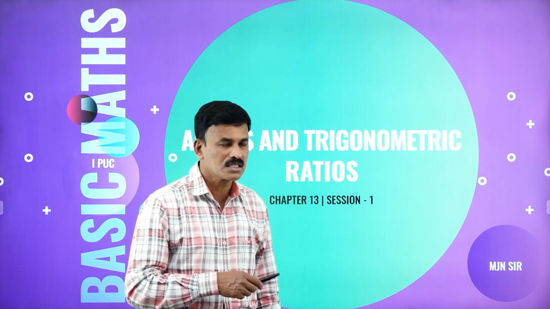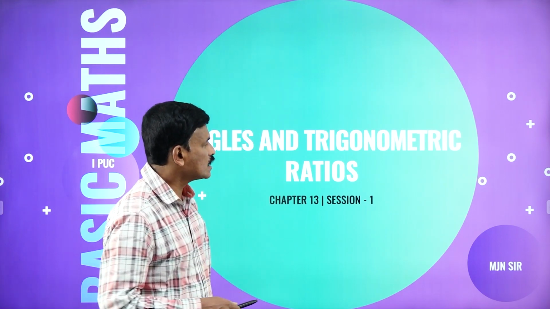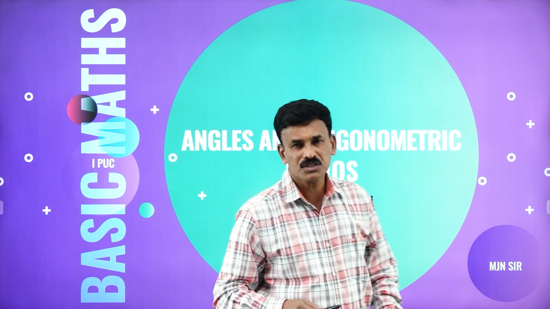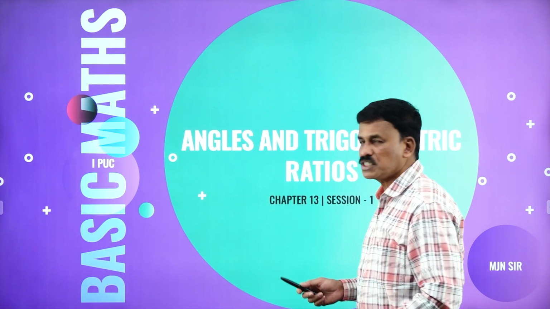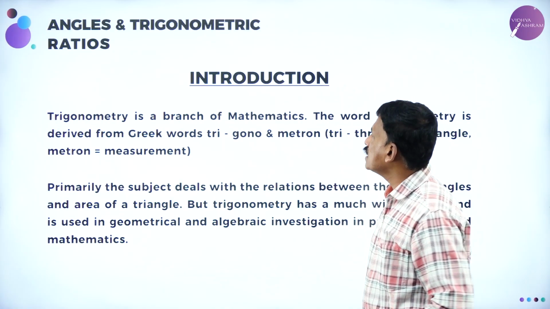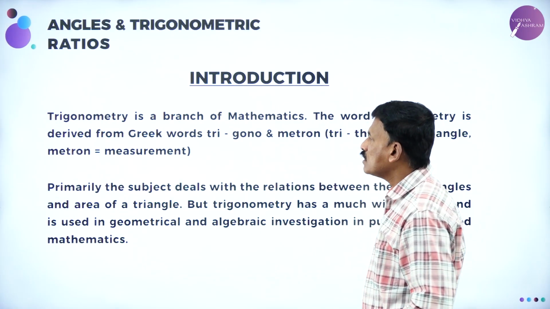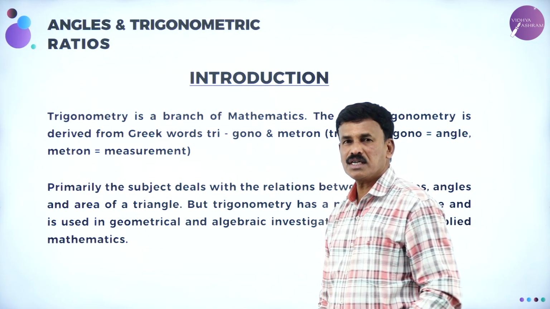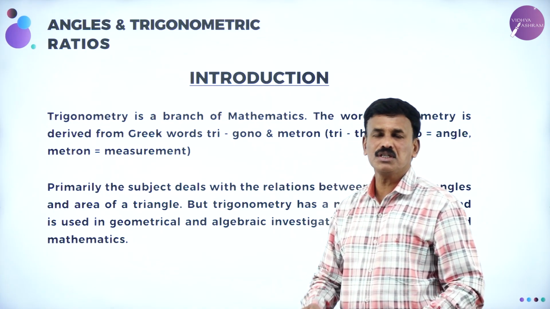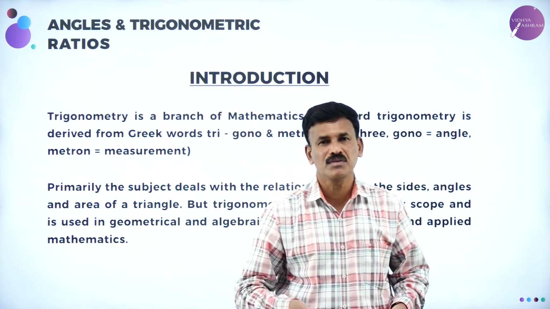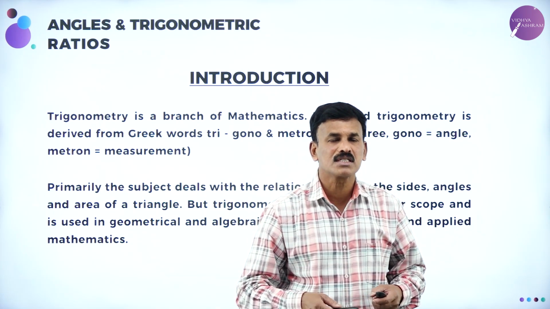Now let us discuss angles and trigonometrical ratios, the first chapter of trigonometry. Now, what is this trigonometry? Before going to the exact topic, let us know regarding trigonometry. You might have studied trigonometry in your previous classes. Let me recall what trigonometry is.